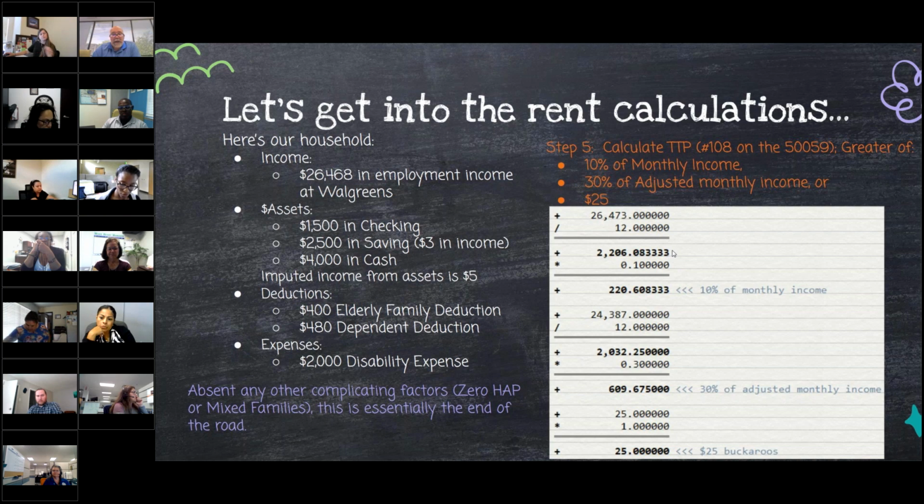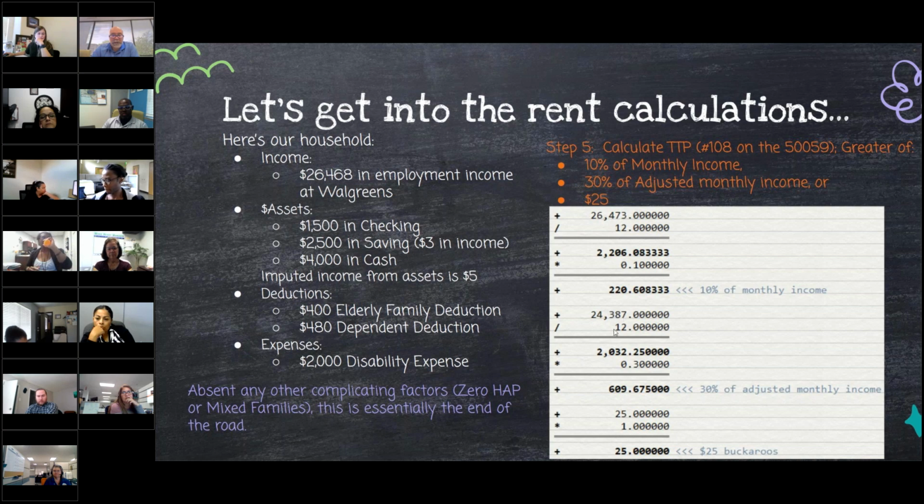So here we have all our math. The $26,473 is the Walgreens employment plus the $5 of imputed income from assets. 10% of that is $221 would be how much we'd round to. The 30% calculation is the $24,387. So that's factoring in the dependent deduction, elderly deduction, and the disability expense deduction.